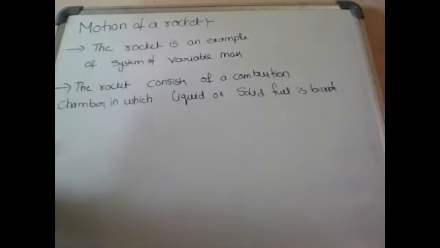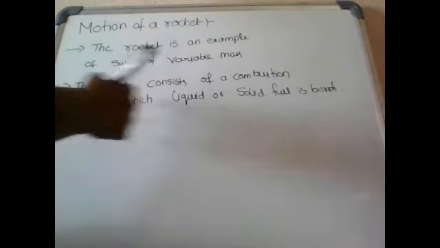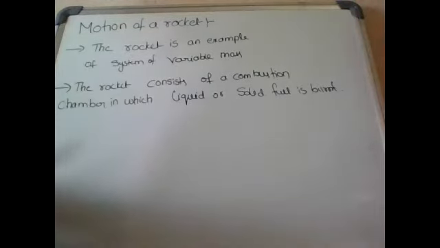The rocket is an example of system of variable mass. So in this chamber consists liquid or solid fuel.